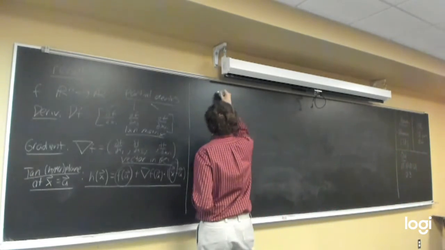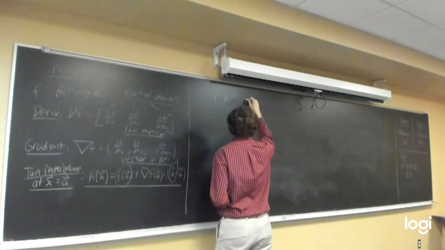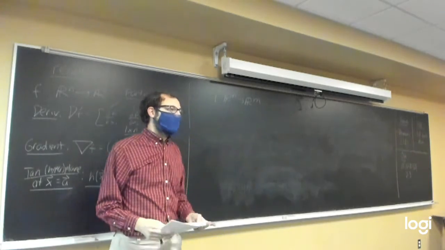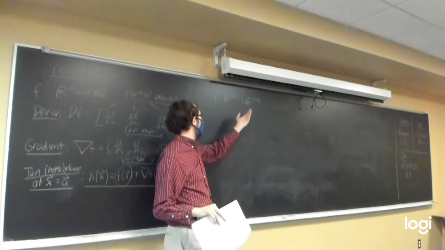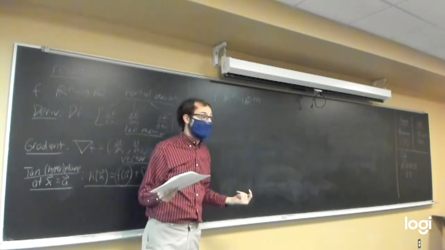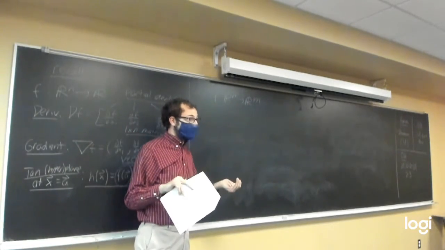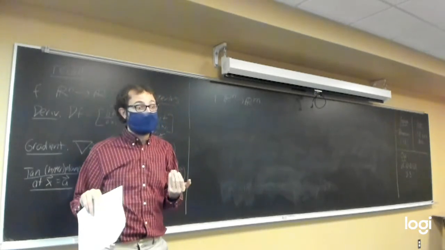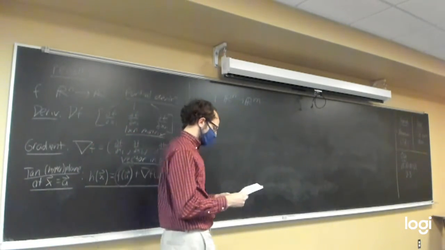So let's say we have a function f from Rn to Rm. The general idea about how we would differentiate a function with not only inputs that are vectors, but whose outputs are also vectors, is we would split up the function f into its component functions, and then we would just take the partial derivatives of each of the component functions and then combine them all together.